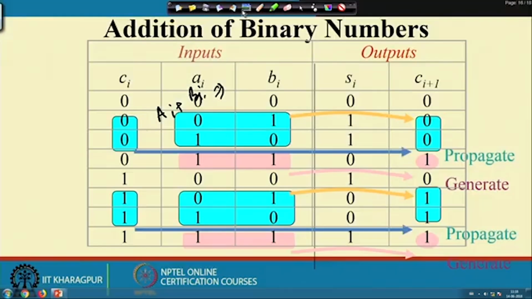So, here at this particular point, this is A I XOR with B I, correct, for this propagation.